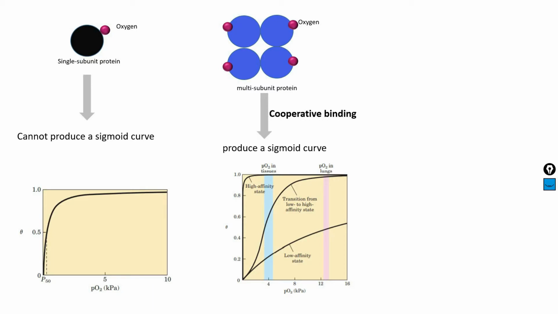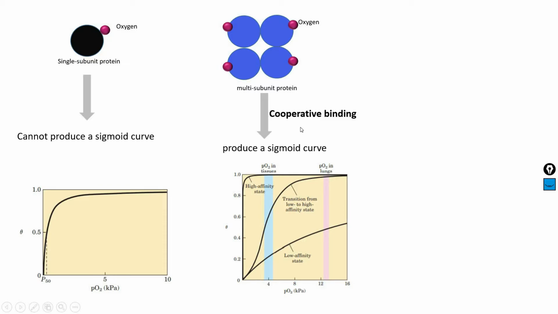So in conclusion, the T to R transition occurs more readily in the second subunit once oxygen is bound to the first subunit, and the last or fourth oxygen molecule binds to a heme in a subunit that is already in the R state. Therefore, the binding of the last or fourth molecule of oxygen to hemoglobin is with much higher affinity than the first molecule.